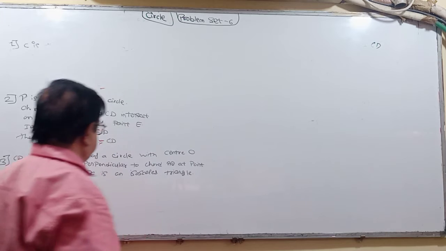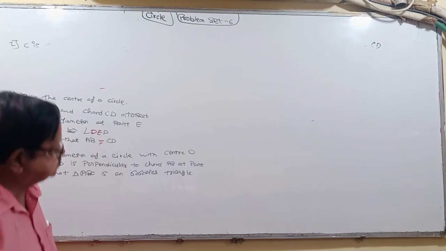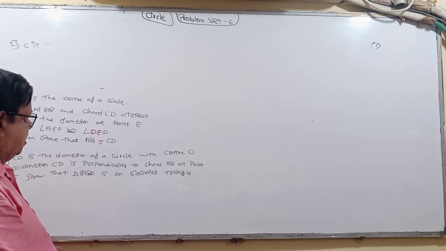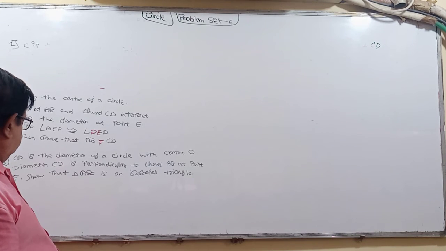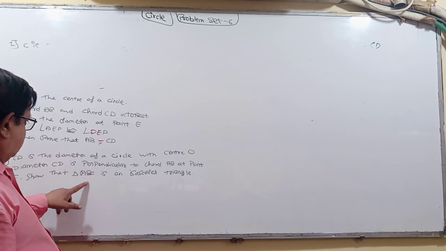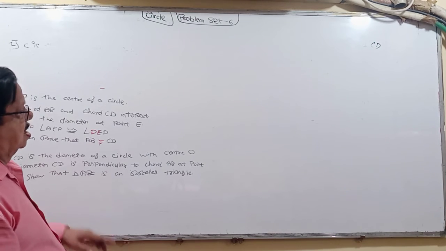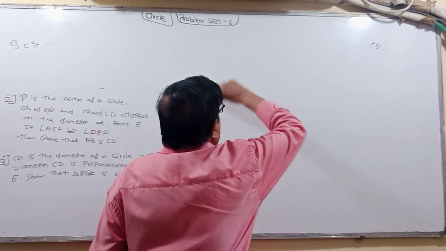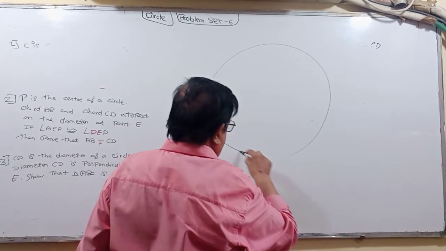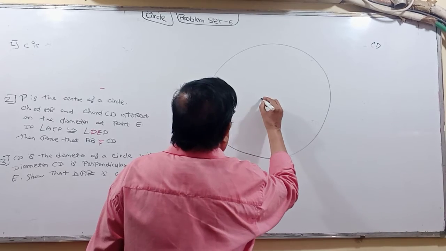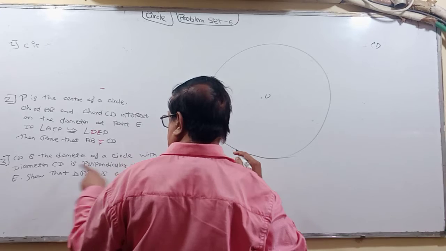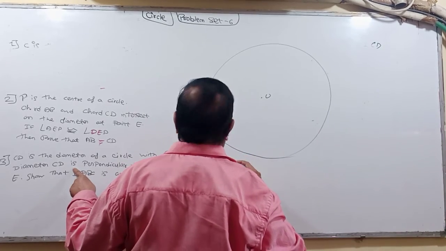CD is the diameter of a circle with center O. Diameter CD is perpendicular to chord AB at point E. Show that triangle ABC is an isosceles triangle. Center O. Diameter CD is perpendicular to chord AB.